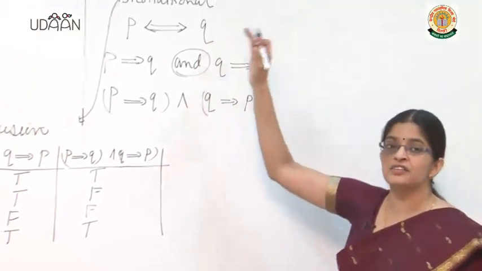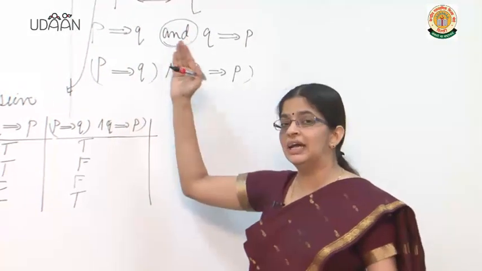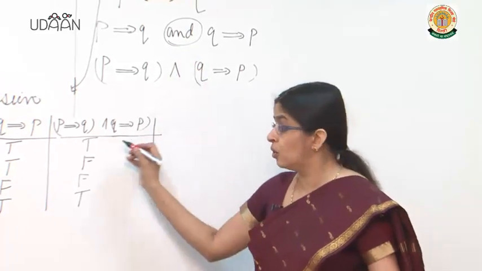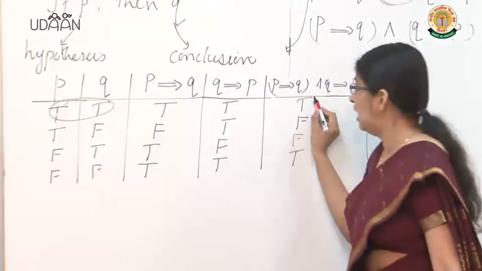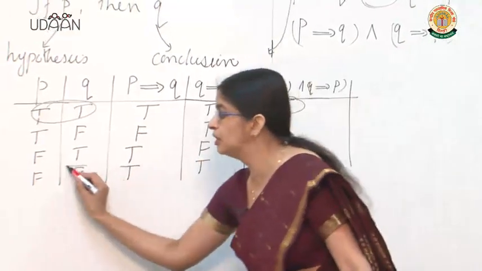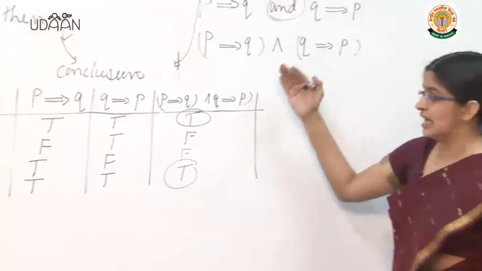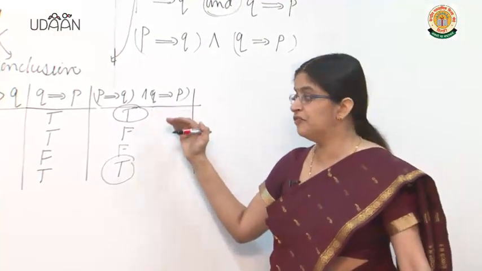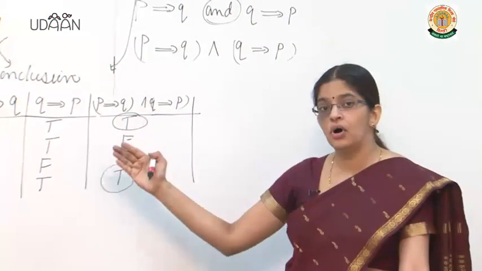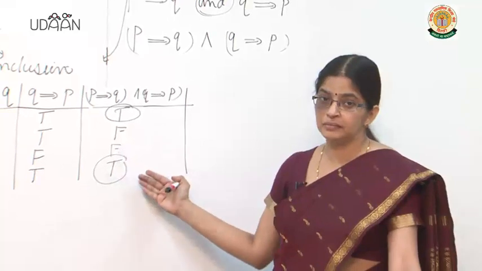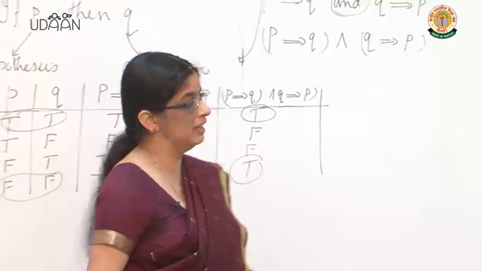So, the biconditional statement has truth value T only if either both the components are true or both the components are false. Correct? Now, we will discuss some results.